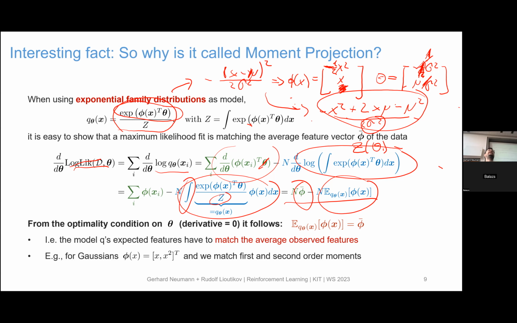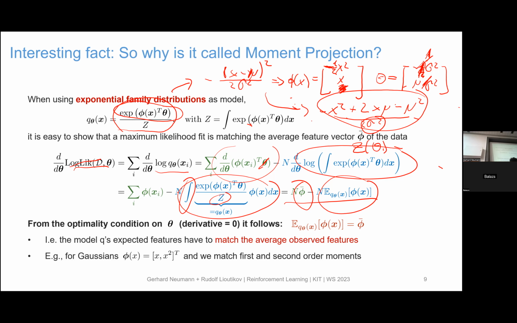What happens to exp of phi of x times theta if I compute the derivative of that? Exactly, and that's what we have here. It's just the chain rule; we have to apply the chain rule several times. Now you can say, that's a little bit of calculus, I don't care.